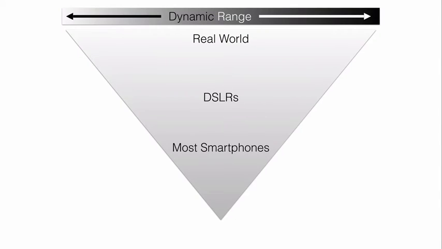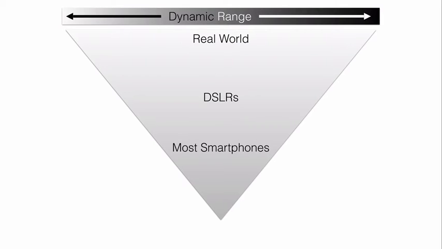And here's what that means for smartphones. The dynamic range of the real world, as we saw, is really wide. DSLRs with bigger sensors, in the middle there, can capture some of that dynamic range, although it tends to be compressed. That means that a range of blacks that are very close together get compressed and become one color black.